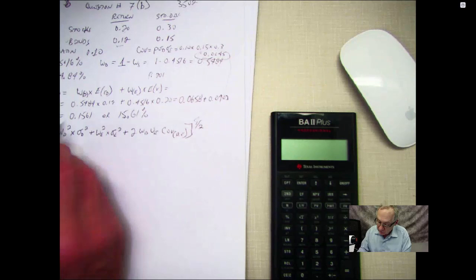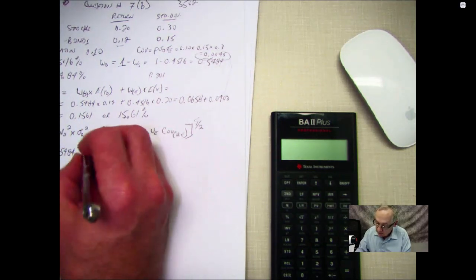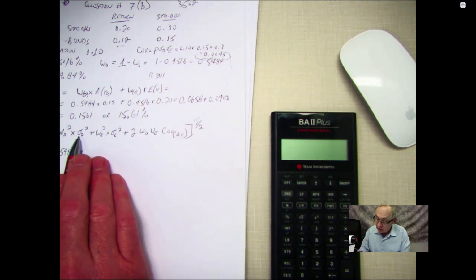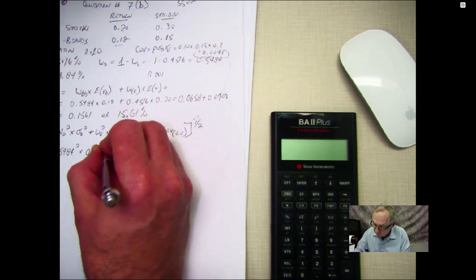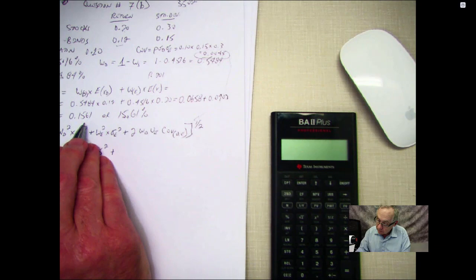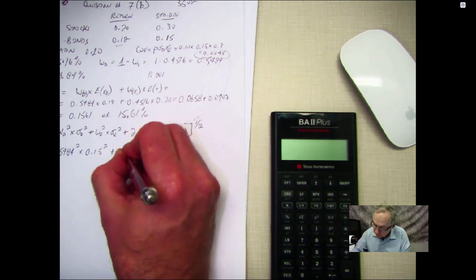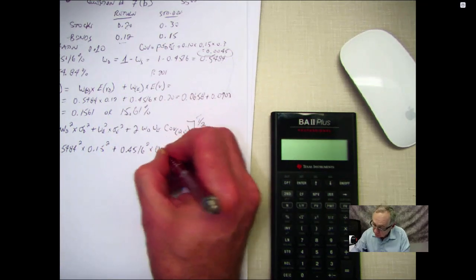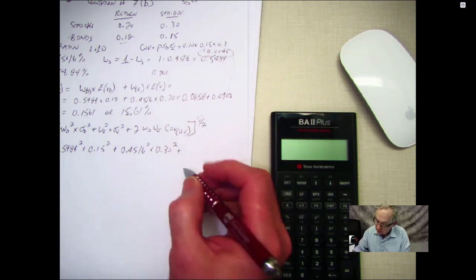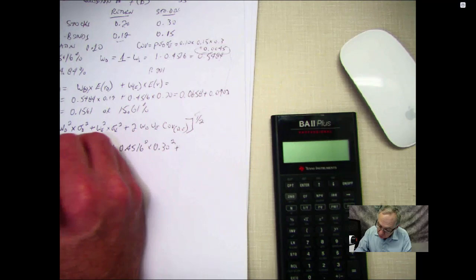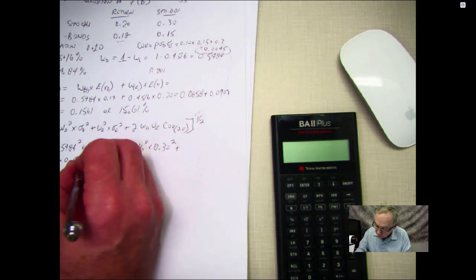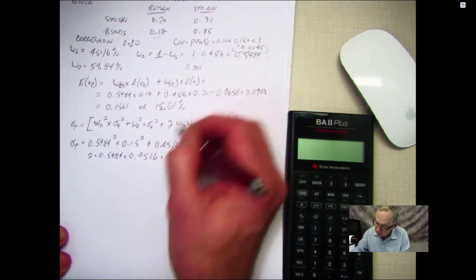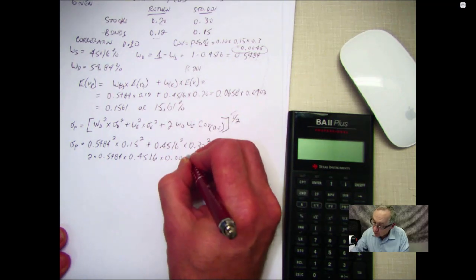Putting numbers to this, weight of debt 0.5484 squared times our variance or standard deviation squared for the bonds, the debt portfolio, plus weight of equity 0.4516 squared times standard deviation for equity squared plus, come back down, 2 times 0.5484 times 0.4516 times covariance 0.0045.